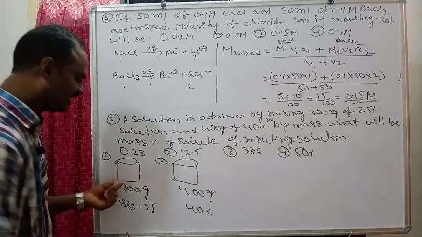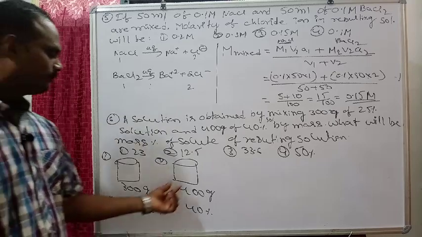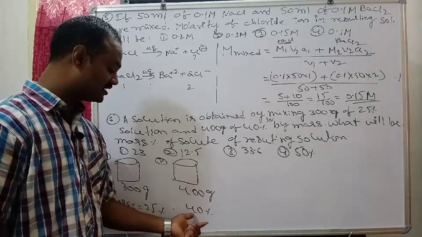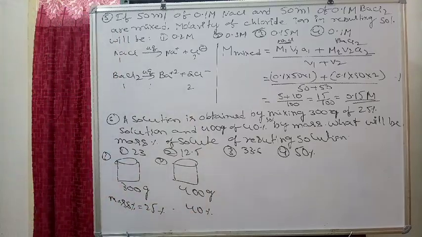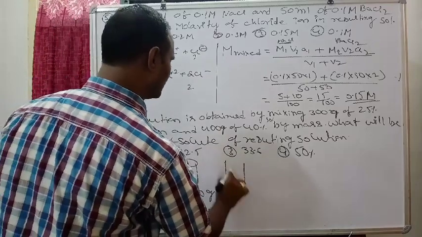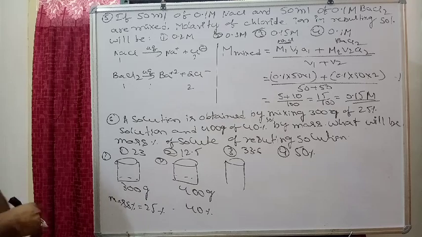For every 100 grams, the solute mass is 25 grams, and for every 100 grams in the other, it is 40 grams. We mix these two solutions in another container, and they are asking for the solute mass percentage in that solution.